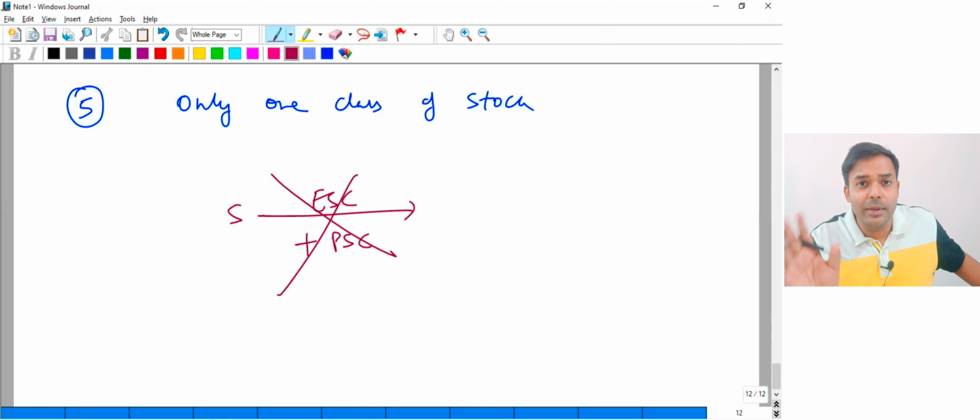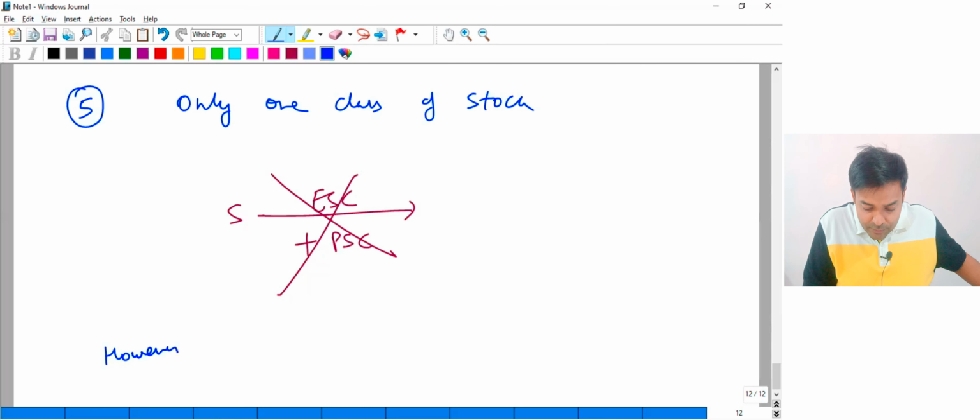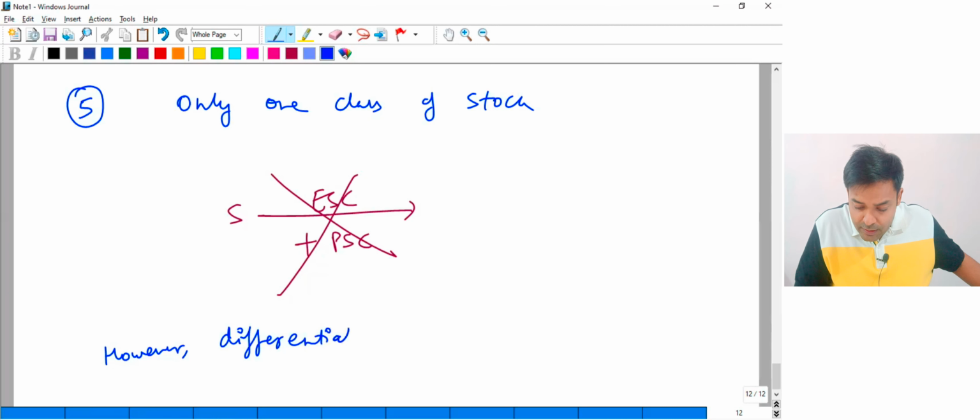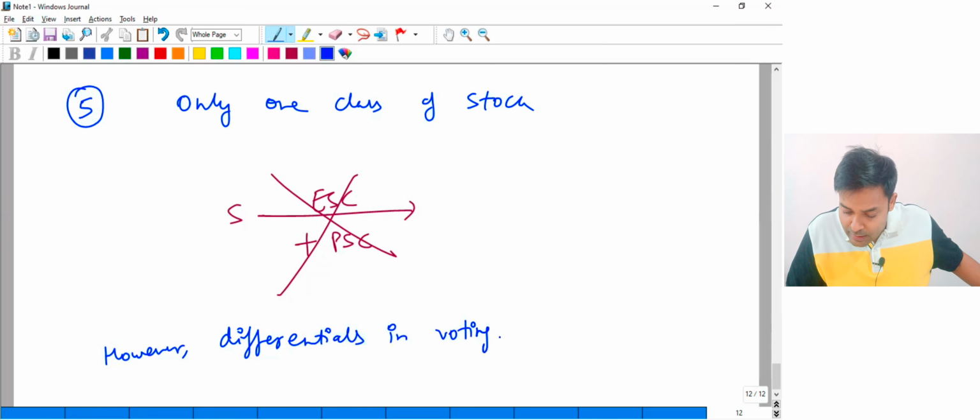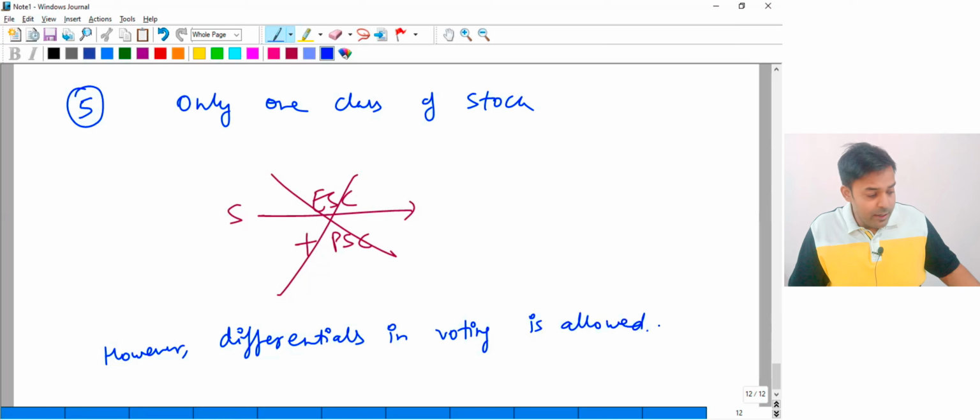You cannot issue multiple classes of stock. However, differentials in voting are allowed.